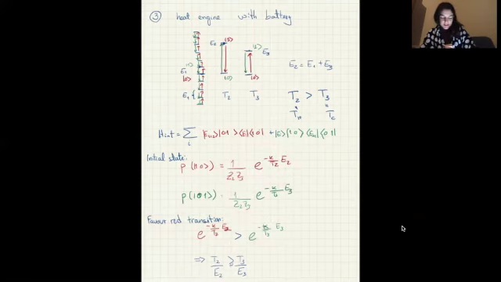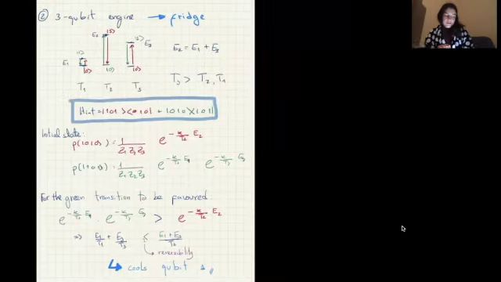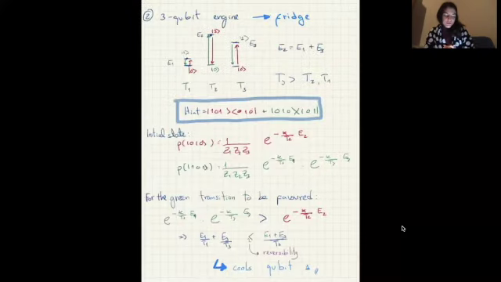These partition functions are the same. So this results in T2 over E2 being larger than T3 over E3. So overall here, in this case, it's the other way around. So this is going to be our hot body, and this is going to be our cold body. In the other case, in the fridge, because what we wanted was to cool this one, the one with the larger energy gap had to be the cold one, right?